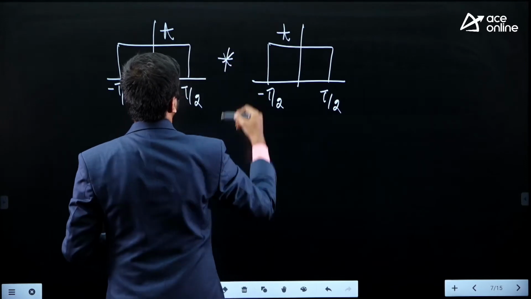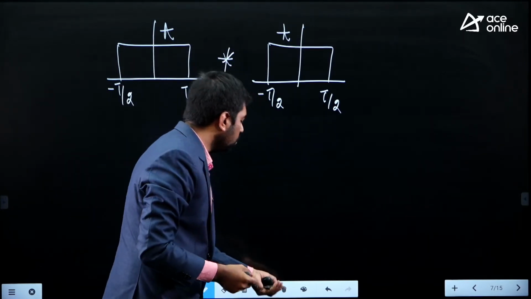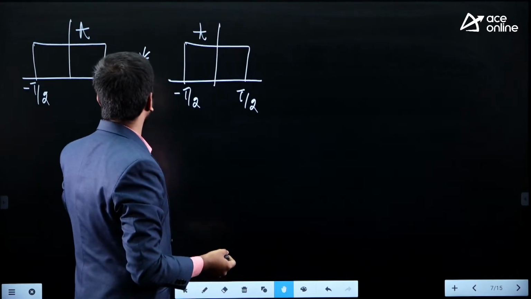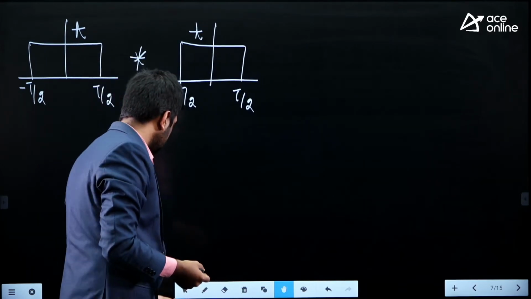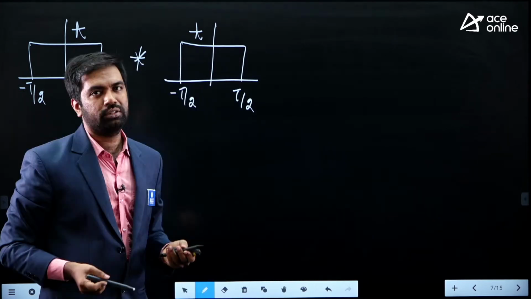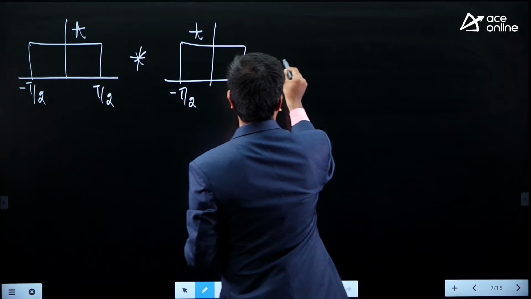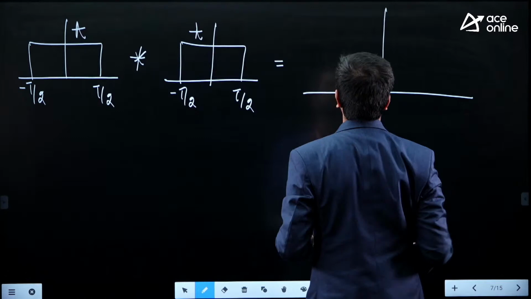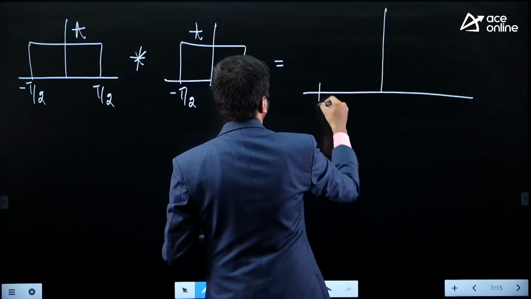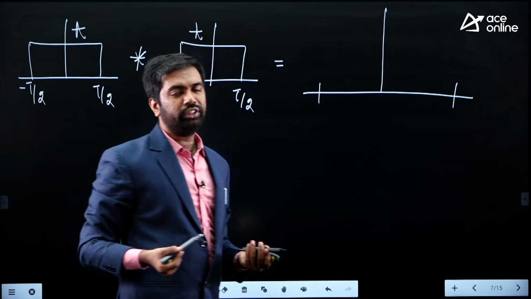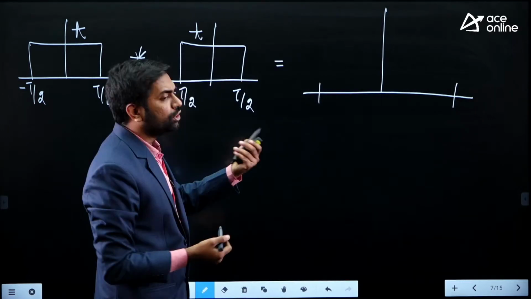Let's convolve this. If you convolve two rectangular pulses of equal width like this, the result is a triangular pulse. So how do you draw that triangular pulse? Where does it start, and where does it end? If you want to know these observations, then you have to learn convolution.